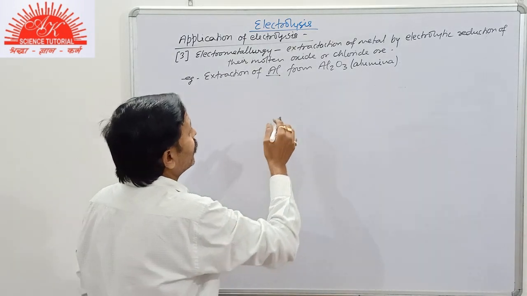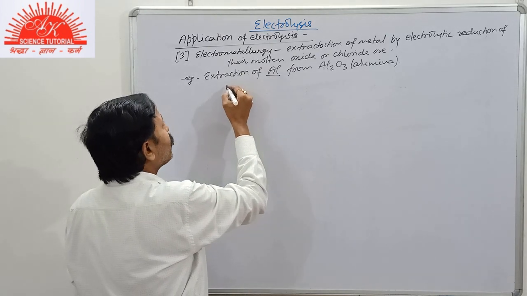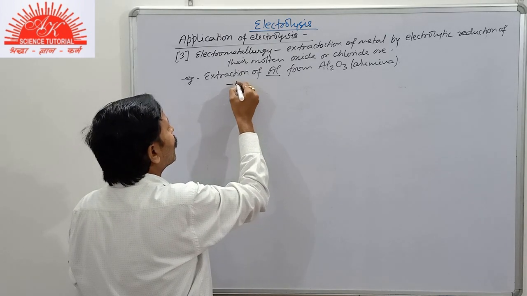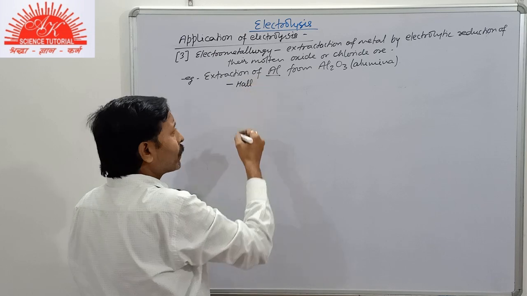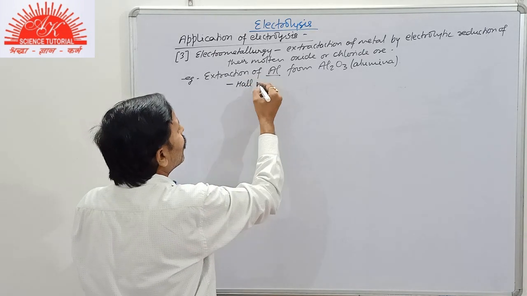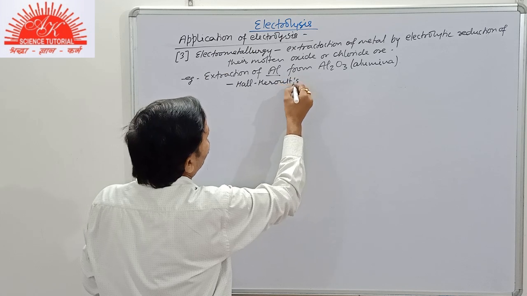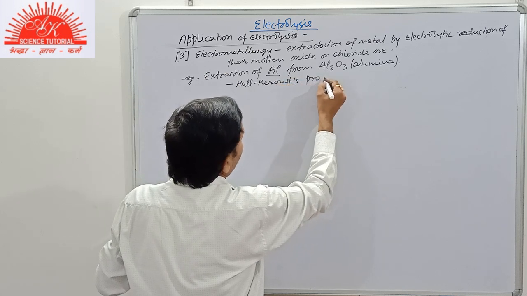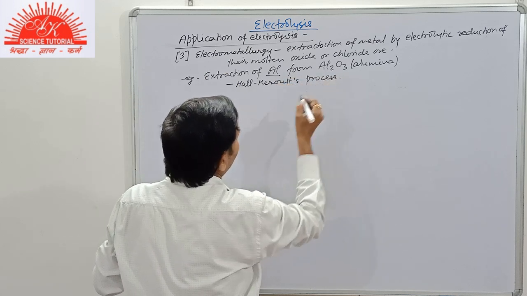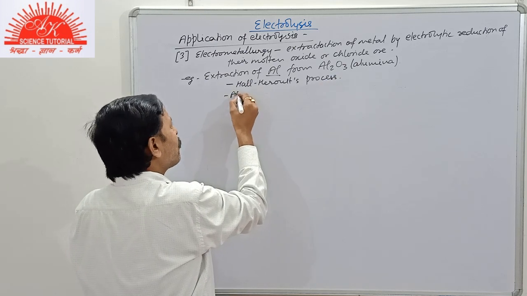Now here the process, the name of the process which will be taken in metallurgy, is mainly the Hall-Heroult process, and the apparatus.